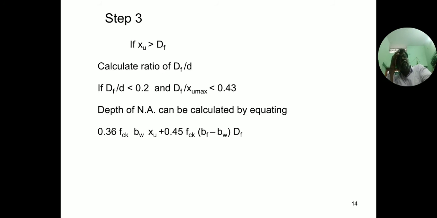Compressive force in the web is 0.36 FCK BW XU, plus compressive force in the flange 0.45 FCK (BF minus BW) into DF, is equal to the tensile force 0.87 Fy AST.